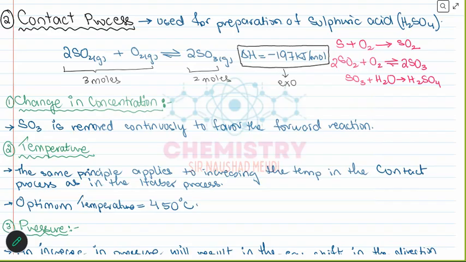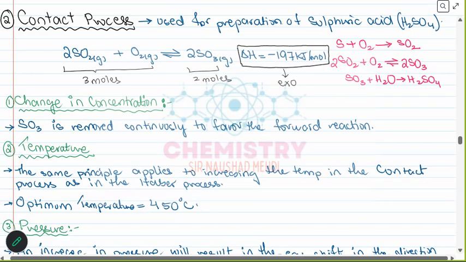So we have to keep the high pressure, because increasing the pressure will favor the direction which has fewer moles. Fewer moles are on the product side, so when you increase the pressure, it will favor the forward direction. So the pressure should be kept high, yes or no?